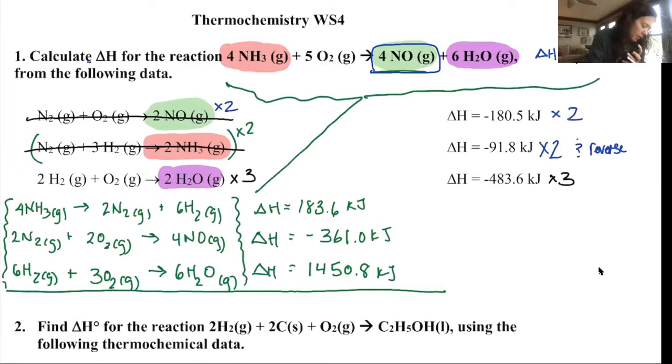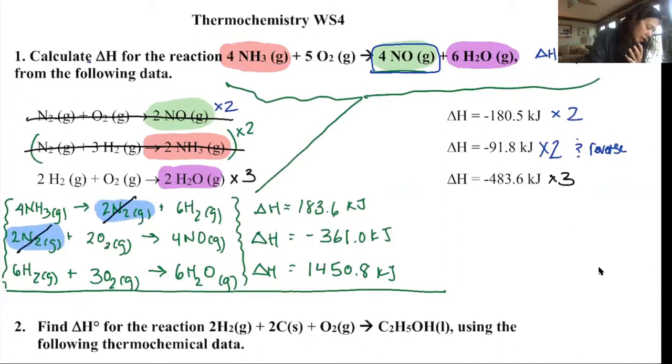What do I mean by that? I mean that right here I have 2 nitrogen gases produced, and over here I have 2 nitrogen gases reacting. So those will cancel. Do you see anything else that will cancel?